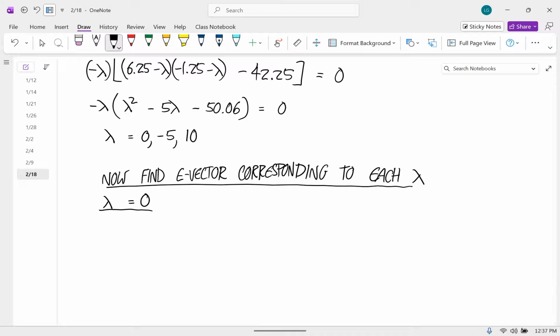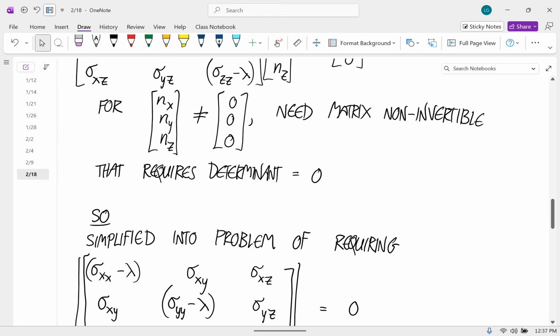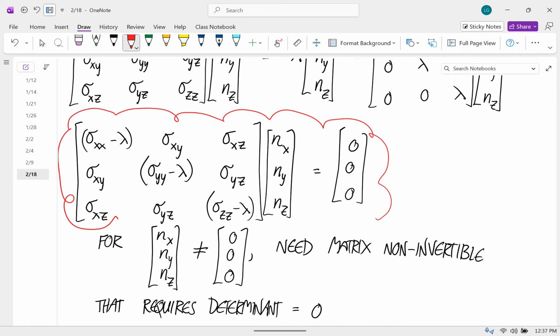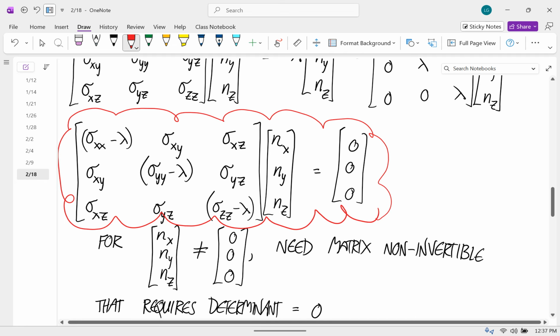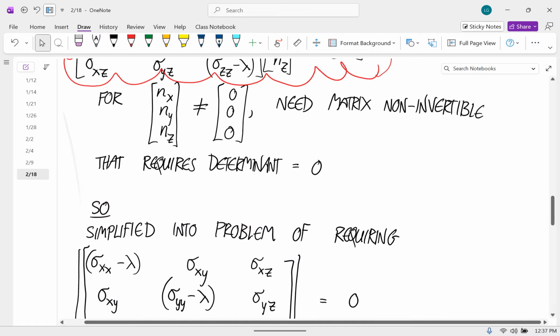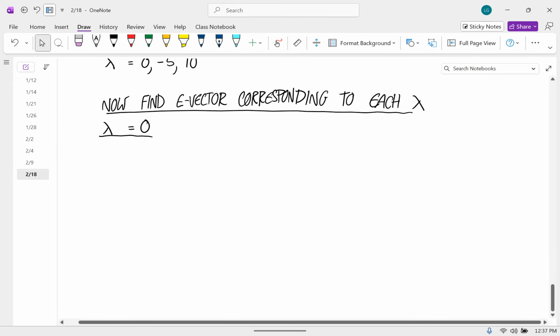Okay. Well, what we want, I'm going to go back to this form of the equation. I'll put it in red here. This is the one I'm going to keep coming back to. And I'm going to plug 0 in for lambda. And then I'm going to solve for nx, ny, and nz.